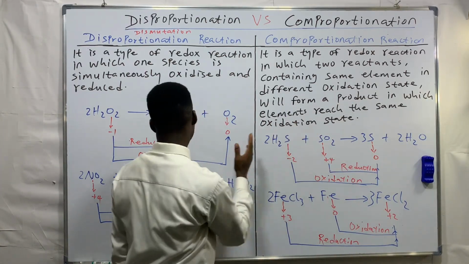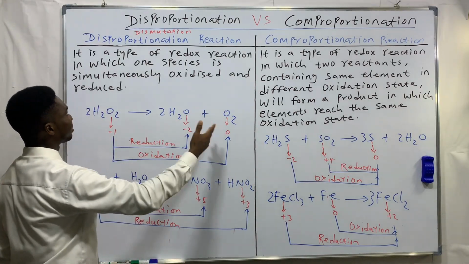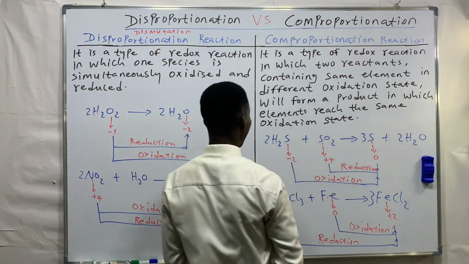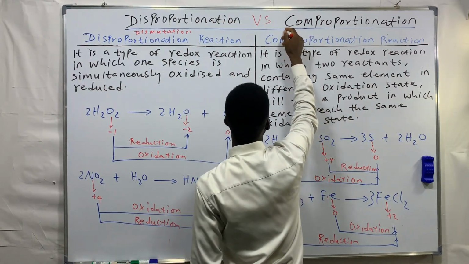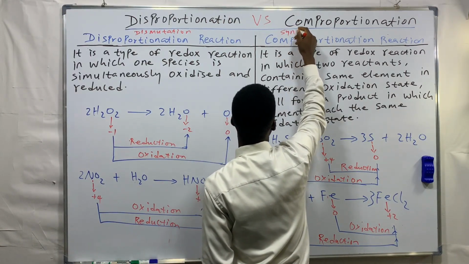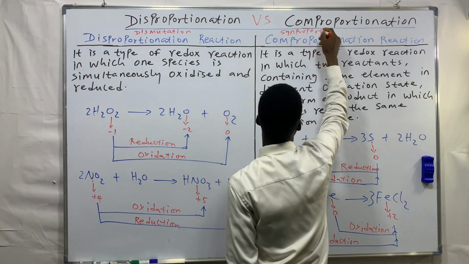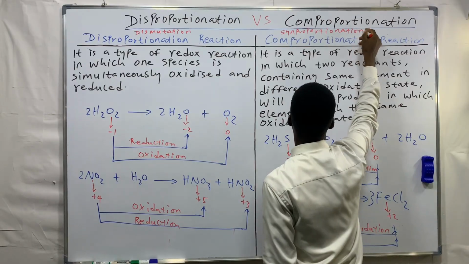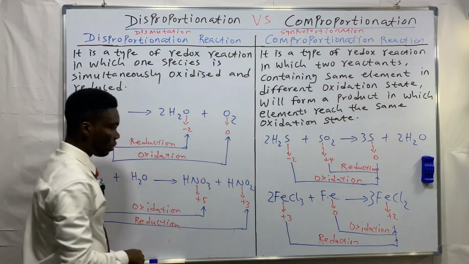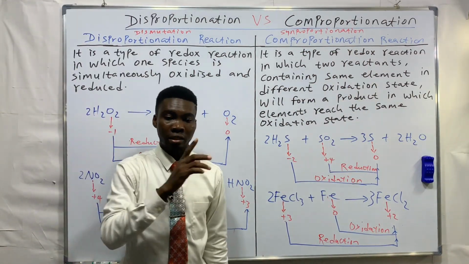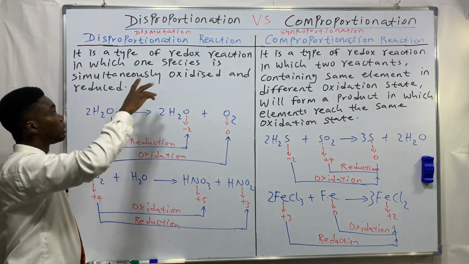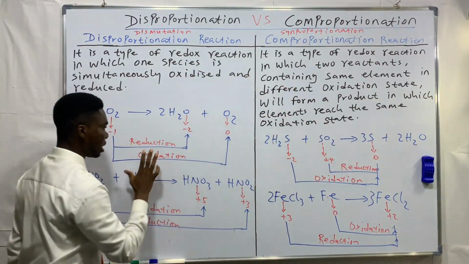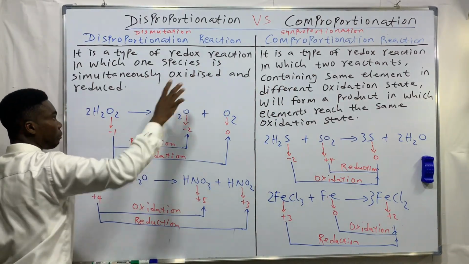You can see the differences between disproportionation and coproportionation reaction. Don't forget that coproportionation reaction is also called proportionation. That's another name you can call it. All right, so we're done with that. This is the difference between them based on definition, and we gave examples to buttress the points.